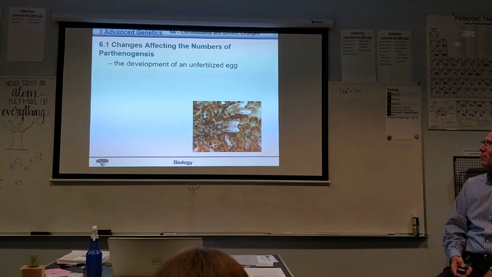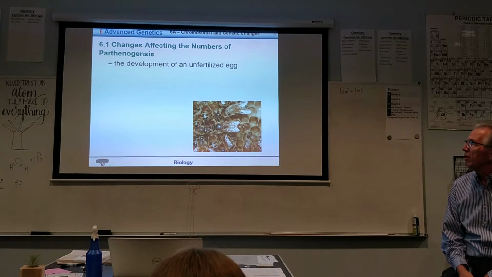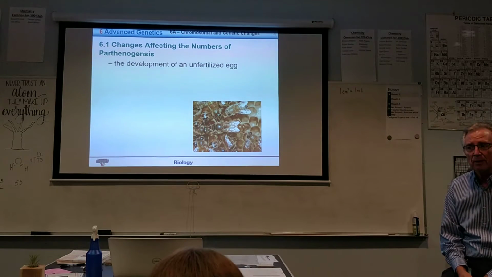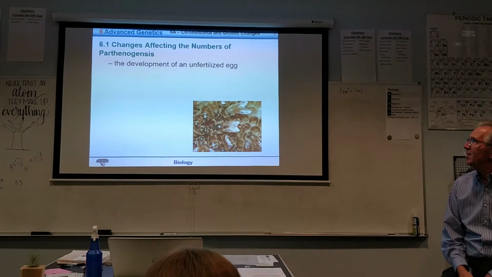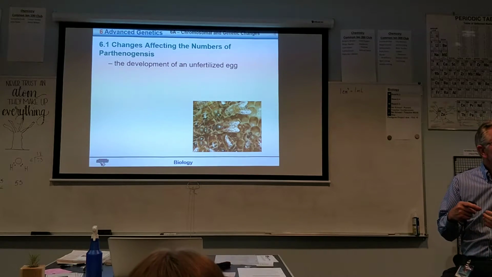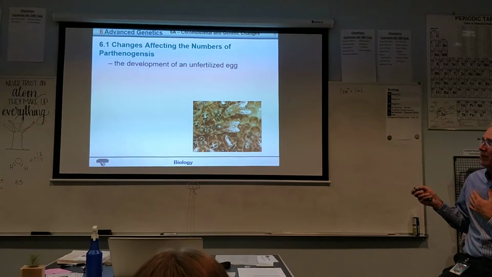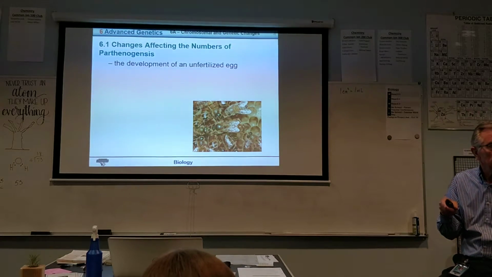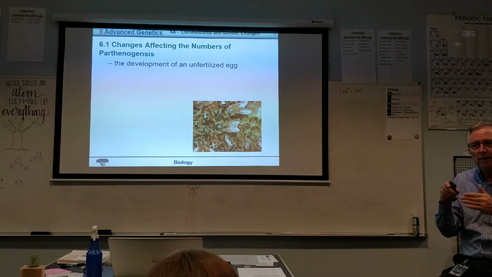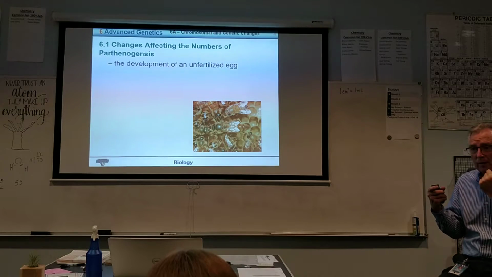A term that they bring up in section 6.1 is a word called parthenogenesis. It's basically an organism that develops without the egg being fertilized. An organism that develops without an egg being fertilized.